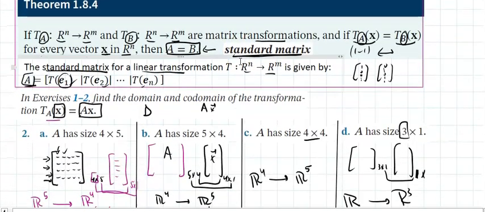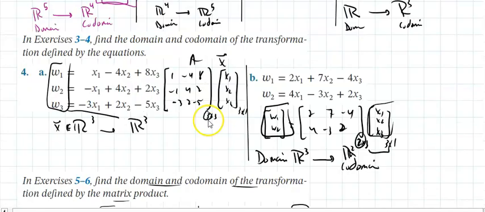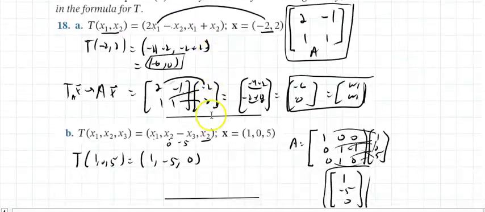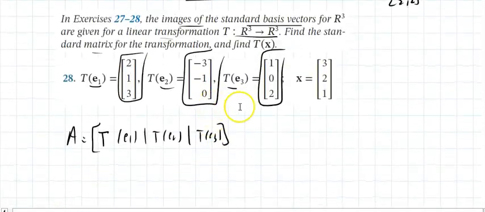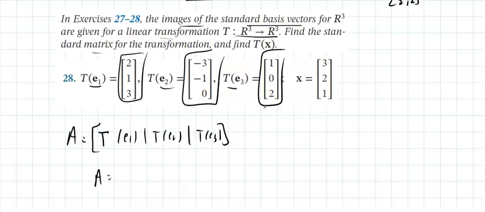Right there. So if they already did that work for us, again, later on we're going to do all of this work. For now, they're kind of giving you the question and the answer. So wouldn't you say A would be simply those columns, 2, 1, 3, -3, -1, 0, and 1, 0, 2?